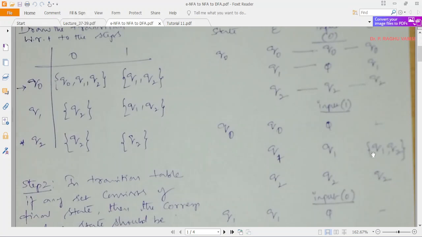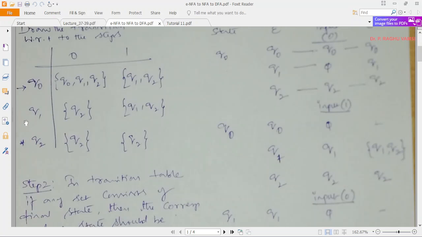Now Q1, Q2 and Q2. Here Q2 is common and Q1 is there, so we take the union. So Q0 upon 1 gives the state Q1, Q2.